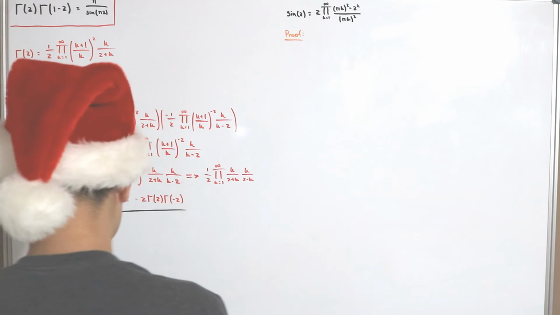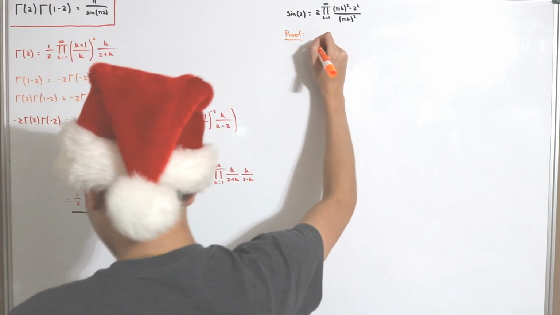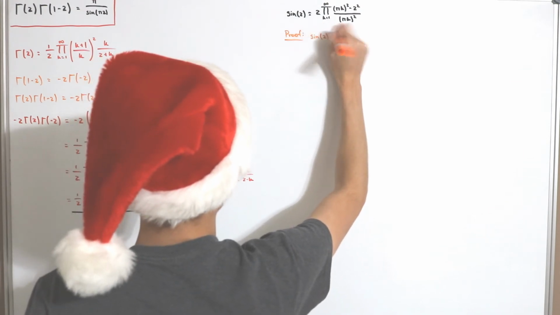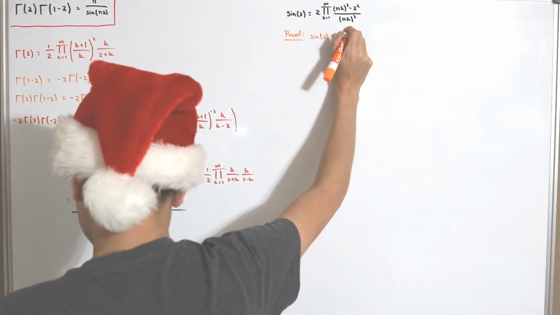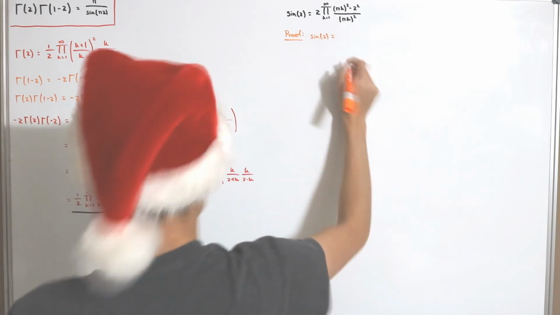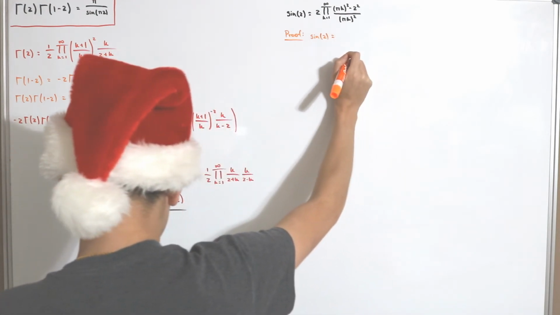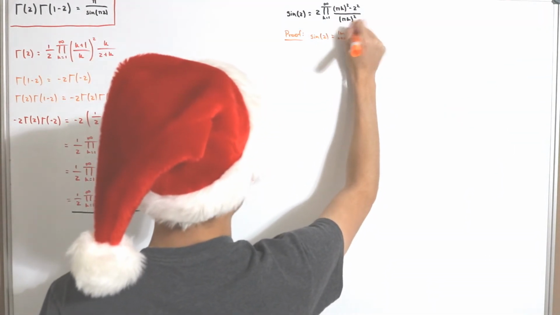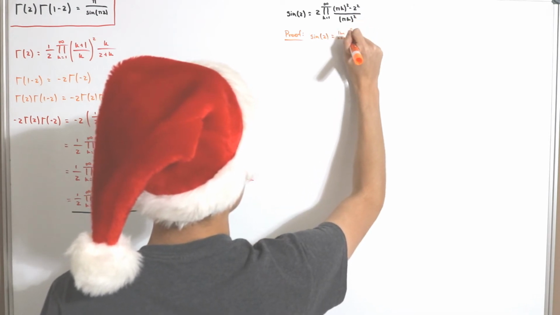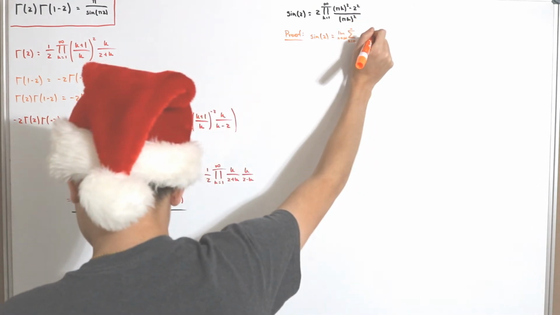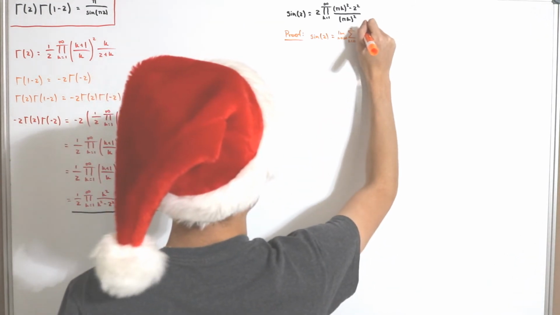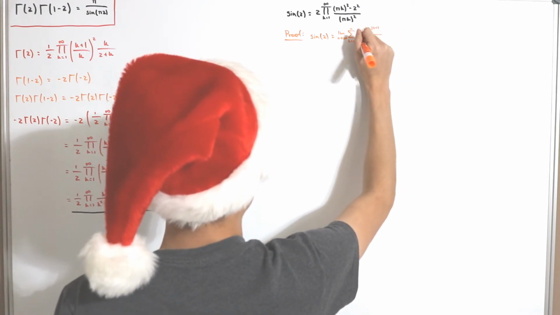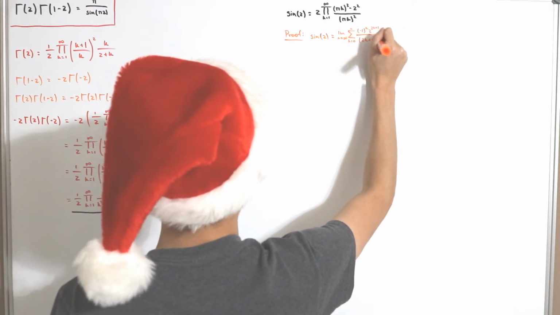Here's how the proof goes. For the sine of z, we can expand this as its Taylor series, and I'll also write this in terms of limits. This is the limit as n approaches infinity of the sum from k equal to 0 to n of negative 1 to the power k multiplied by z to the power 2k plus 1, divided by (2k plus 1) factorial.